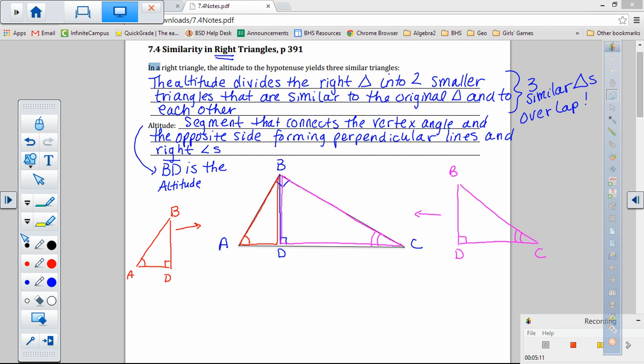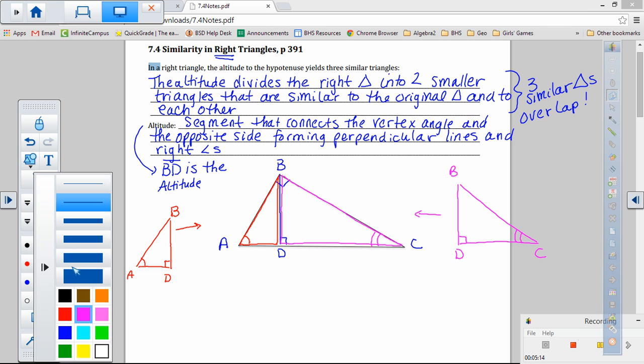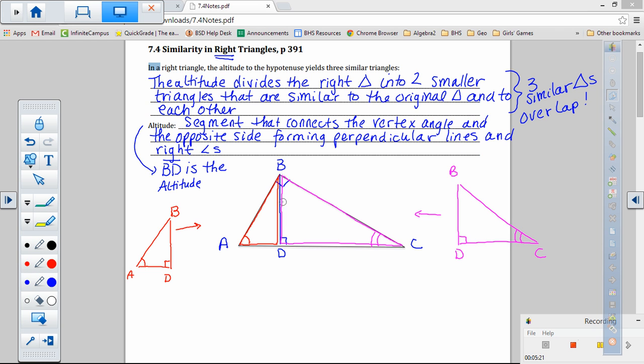And then in green, we have the large triangle that we were talking about at the beginning. So 3 triangles you can see here, 3 different colors. And I'll just put the large triangle straight down here. So we have this very large triangle.